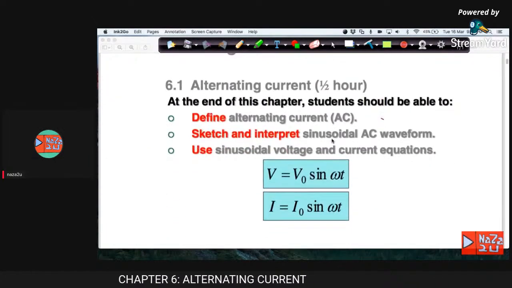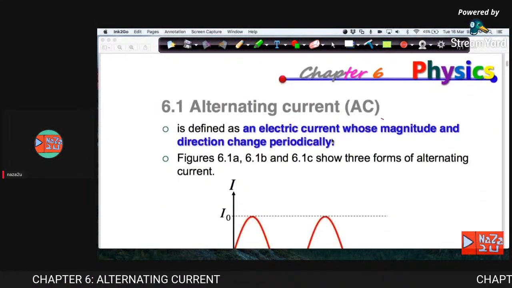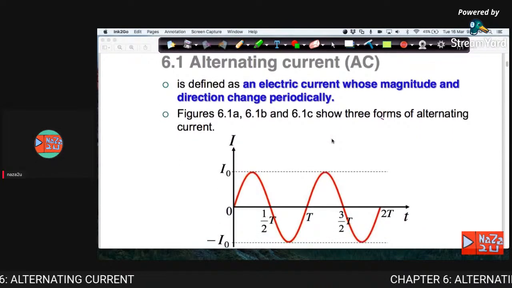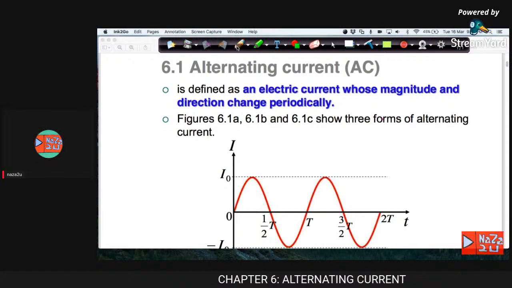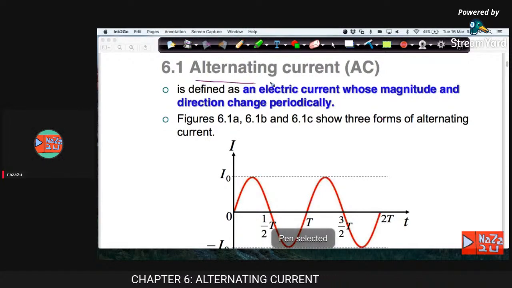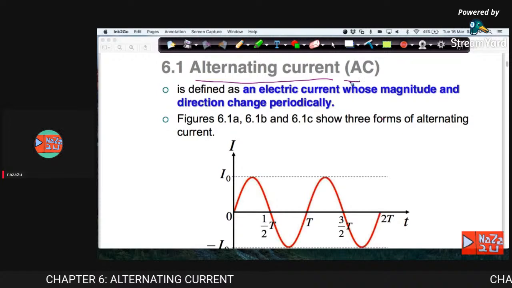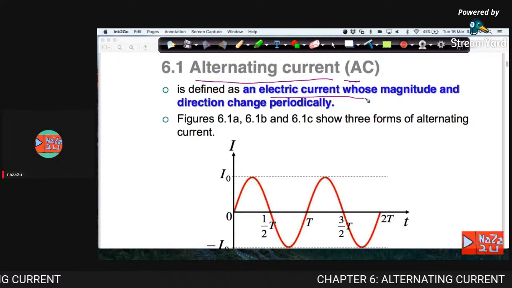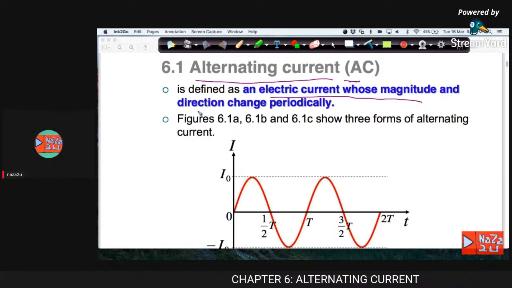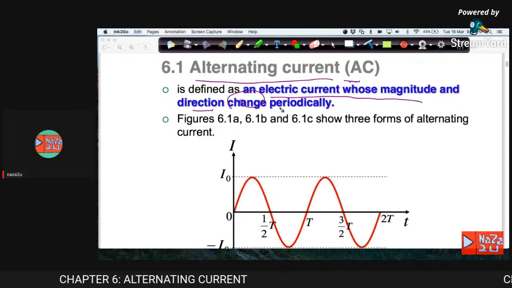And next, yang pertama kita nak tengok pada malam ini untuk AC current, tapi kita sudah bincang tadi. Oleh kerana alternating current, right? Alternating current ataupun AC dia melibatkan electric current whose magnitude and direction change periodically.